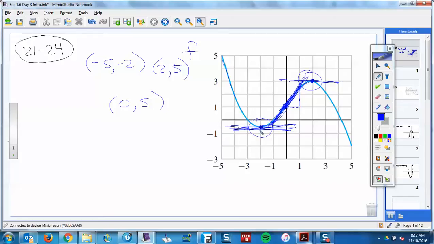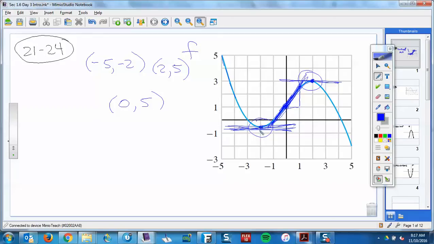When we were doing that matching, if you have an F prime graph, and it goes negative to positive, what's the F graph doing? Down, then up, which is what this one's doing. So whatever your minimum and maximum are on your F graph, that's going to be where F prime crosses the x-axis, right?